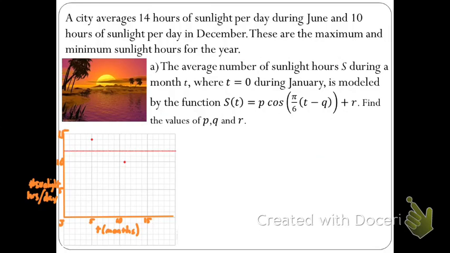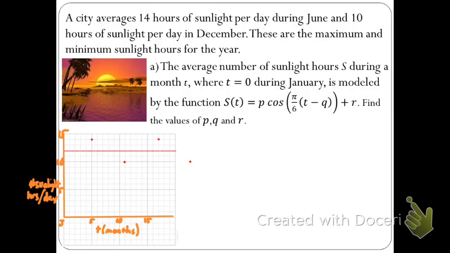So I'm going to plot a point right there. And similarly, 11 months after January, we average 10 hours per day. So if we go another 12 months all the way up to 23, it would be somewhere around here, we would be averaging that same amount again, right?